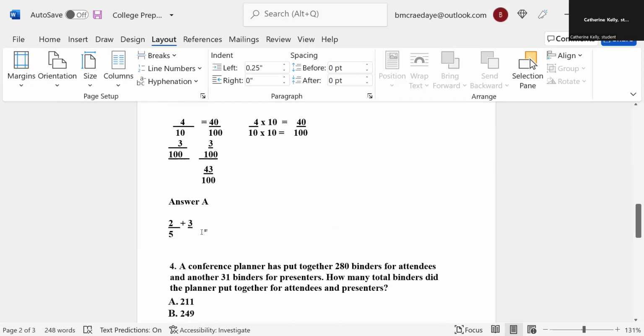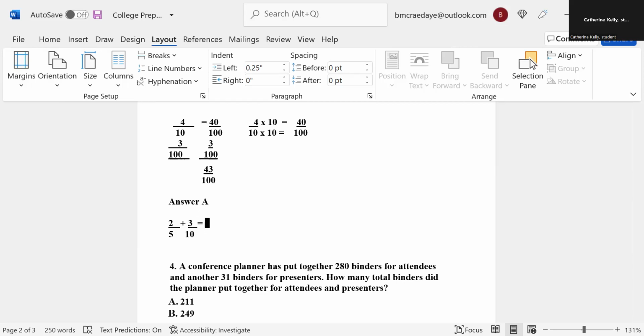Catherine, what's the answer? Remember, the denominators are different. You've got to multiply the bottom. You've got to get both of the denominators the same.